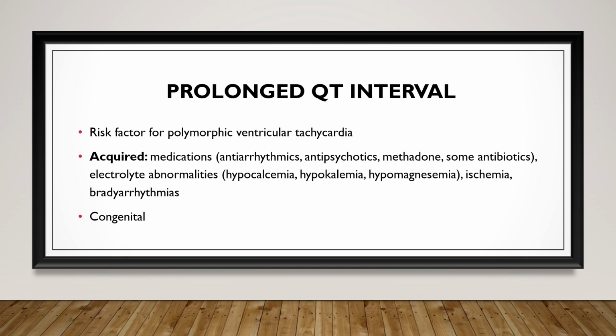There are many medications which we use in anesthesia that have the capacity to prolong QT interval, such as, for example, many antiemetics, certain pain medications, such as methadone. Also, electrolyte abnormalities, such as hypocalcemia, hypokalemia, hypomagnesemia, coronary ischemia, and bradyarrhythmias can all prolong QT interval. There are some congenital causes of prolonged QT interval as well, and these are beyond the scope of this lecture.